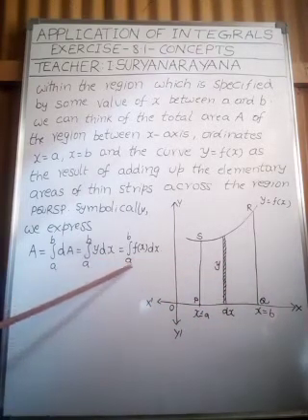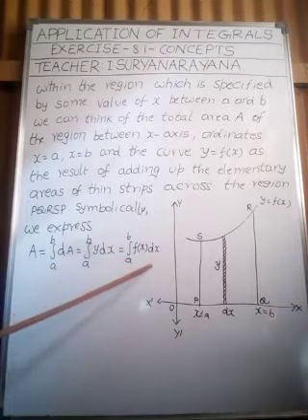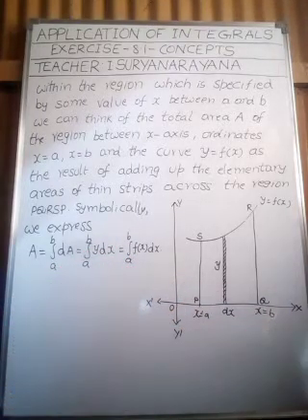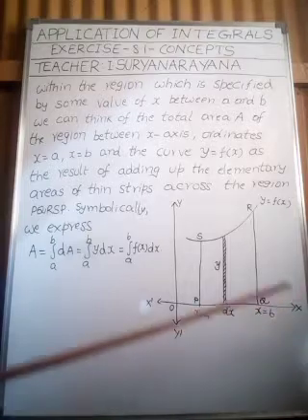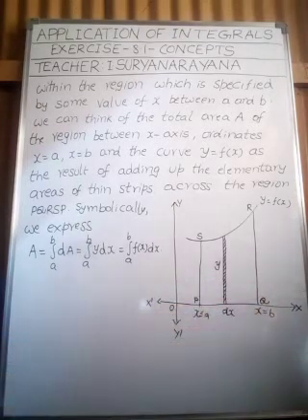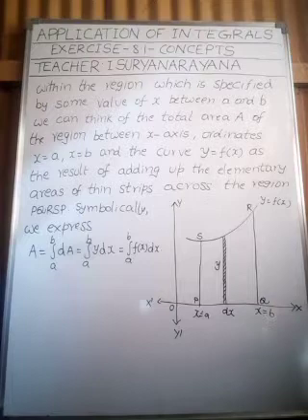That is equal to integral a to b f of x dx. Understood this point, my children? In this case, we use integral calculus. We use the definite integral to find the area under the curve. Okay, my children? Understood? Right.